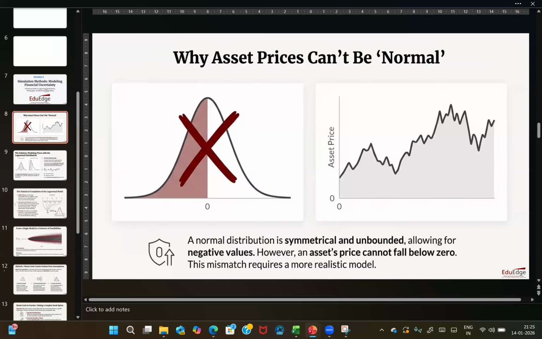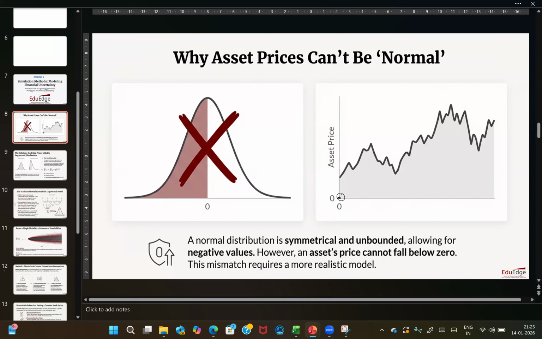Okay, so the first premise is why asset classes can't be normal, right? When you look at an asset price and when you look at a normal distribution on the left, can I say an asset price can never fall below zero? An asset value cannot be negative, right?